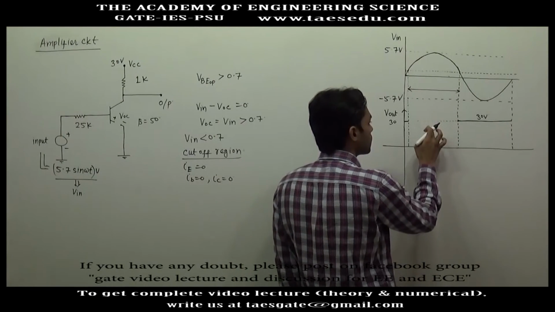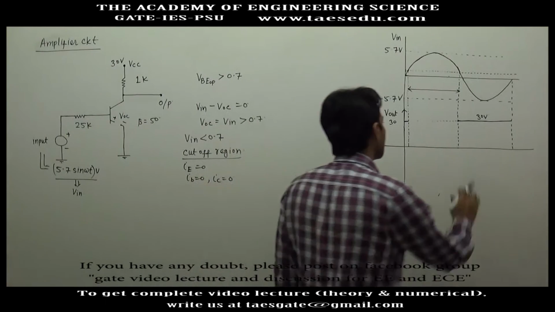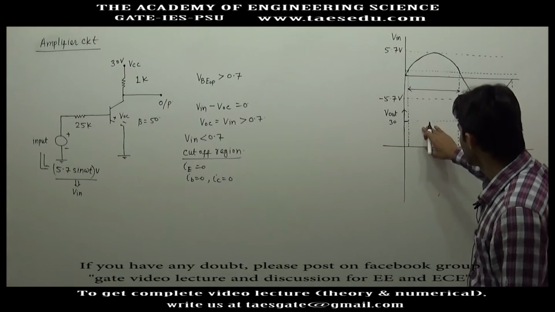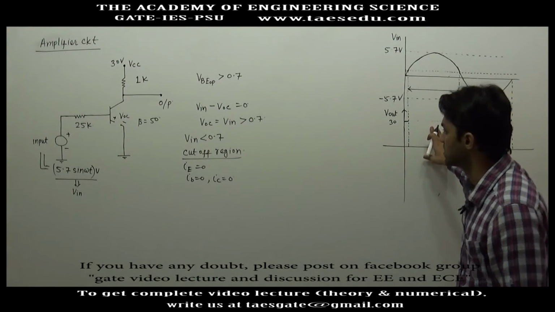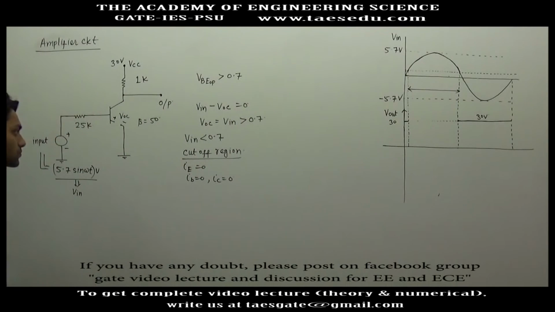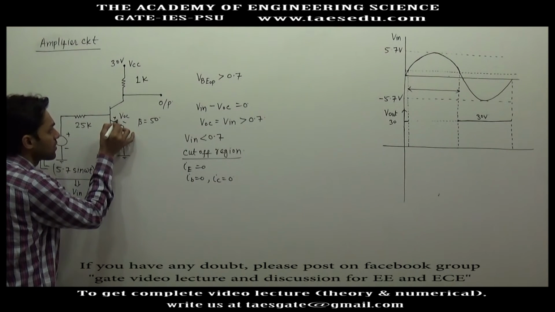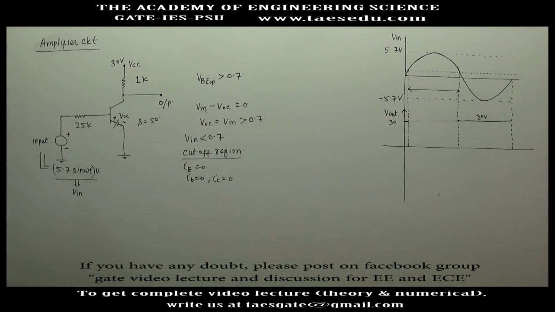So let us try to find out the output voltage in this region. Now here the transistor may operate in active region as well as in saturation region, so we also need to check that. Now it is out of cutoff region, so it will act as a battery of 0.7 volt.